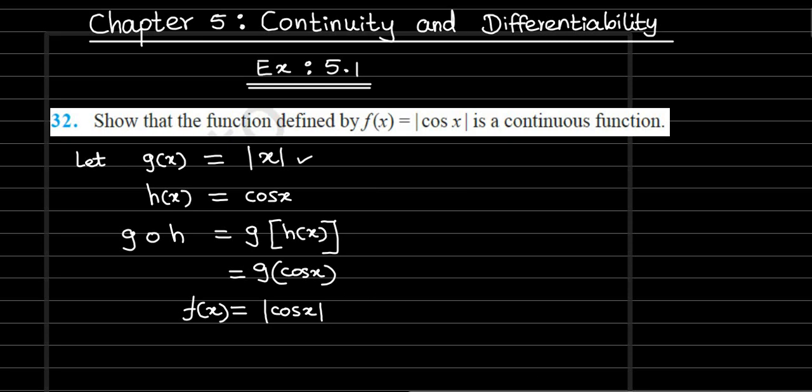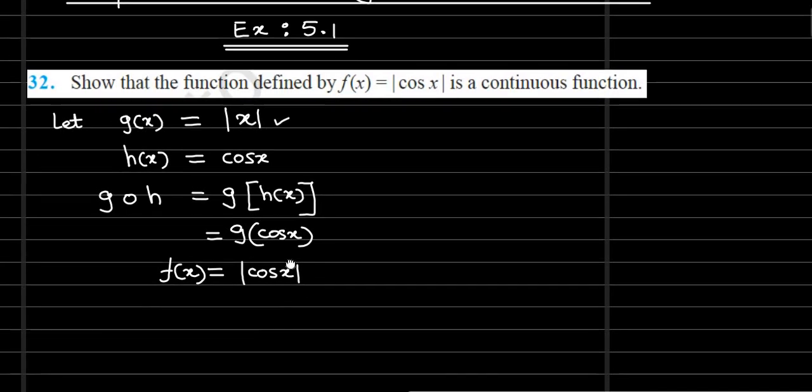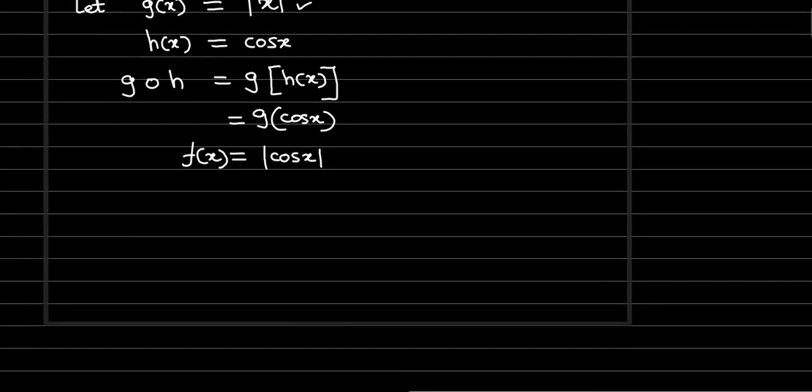This is how we are going to do this sum. Now let me prove that g(x) = |x| is a continuous function. For a modulus function, we need to redefine it first.